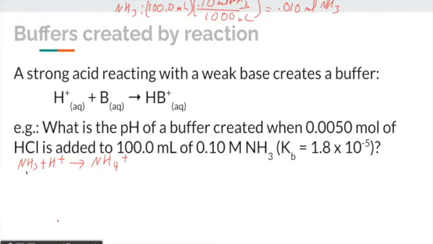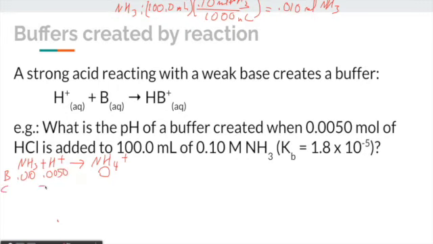So that's what we're starting out with, 0.010. That's the before. We don't have any of this yet before the change takes place. How much H plus do we have? It says we added 0.0050 moles.